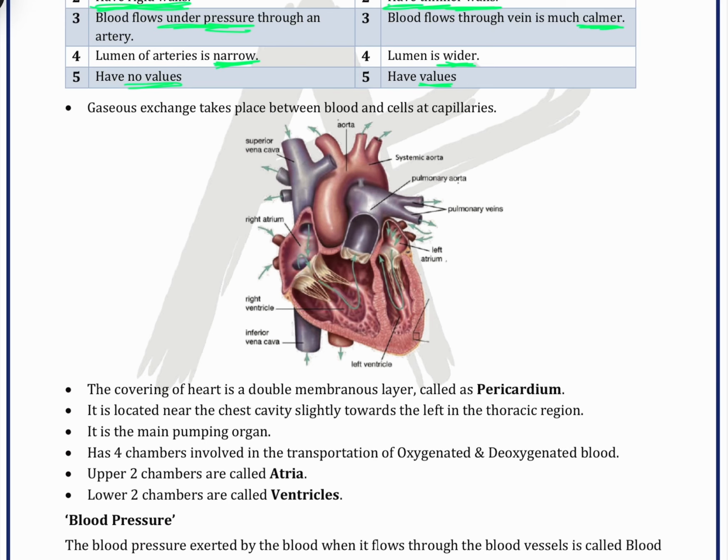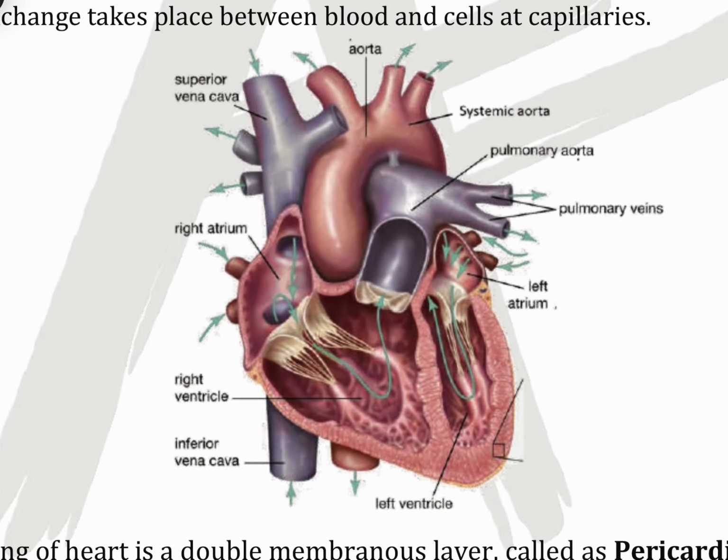Then here is a diagram of the heart. This diagram of the heart is very necessary, you have to learn it, because in boards and in small school exams it is mainly asked. It is a repeatedly asked question to draw the diagram and label it properly.